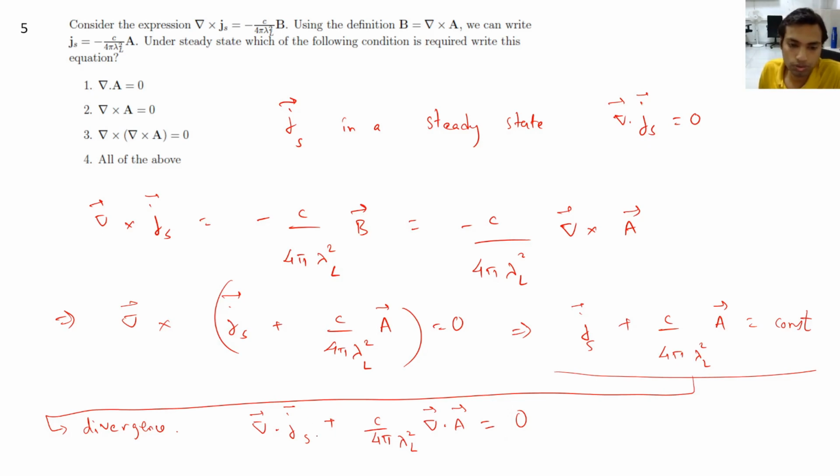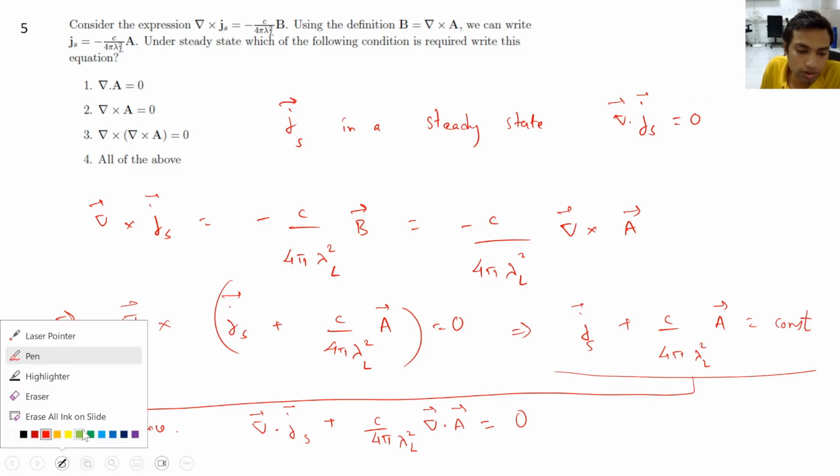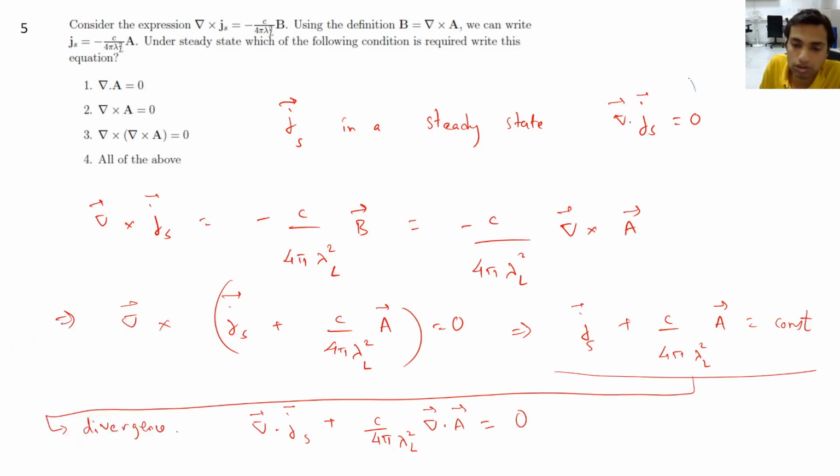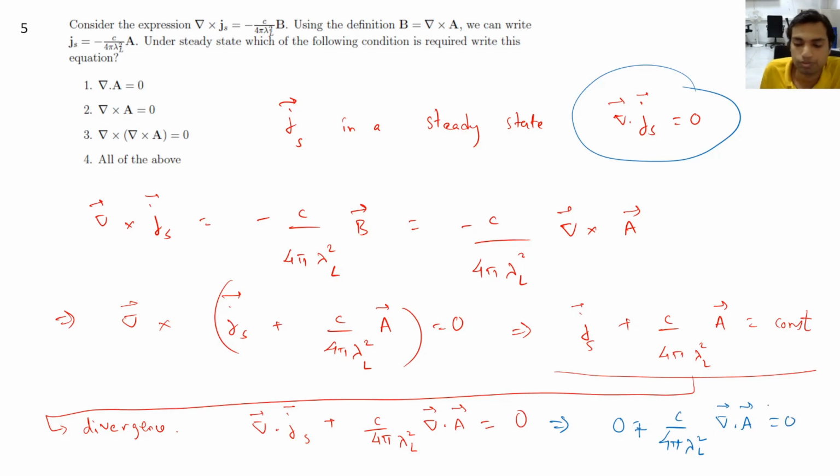At a steady state, we put the steady state condition: divergence of Js is 0. So 0 plus C over 4 pi lambda L square times divergence of A is equal to 0.